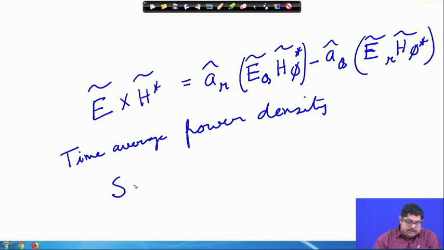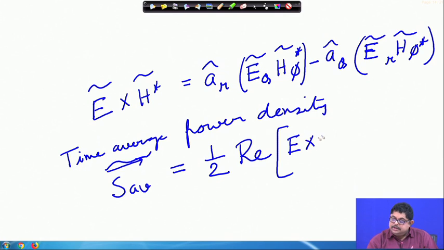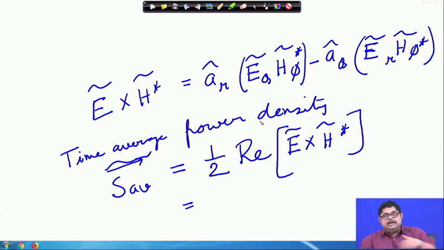is given by S phasor, S A V, that is half real of E cross H star. So, that will not give any time average power flow, that is only local power there.